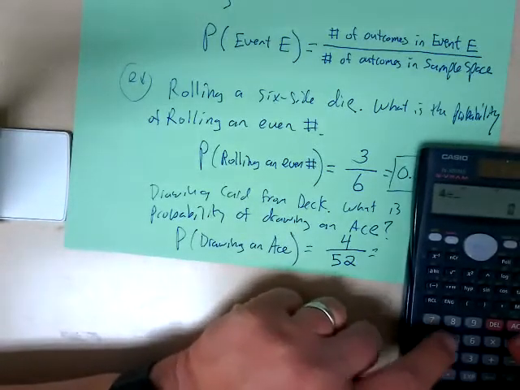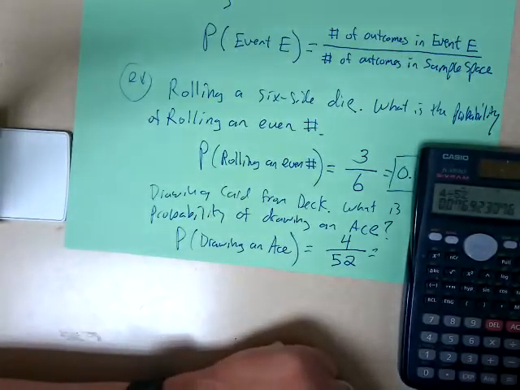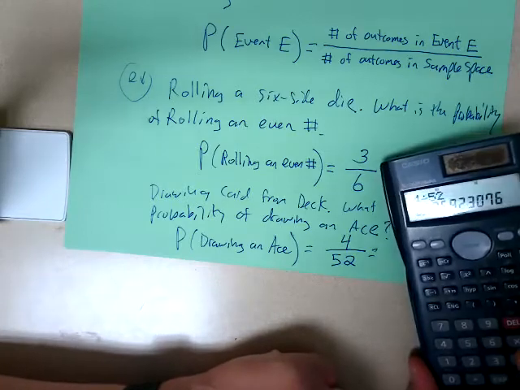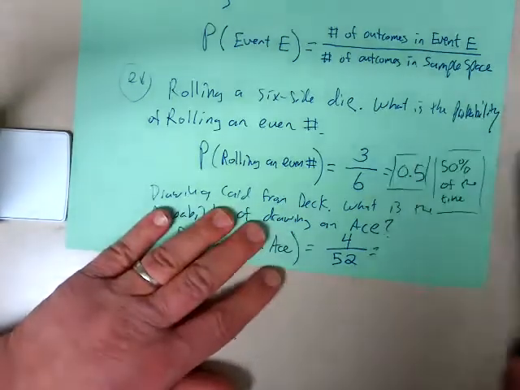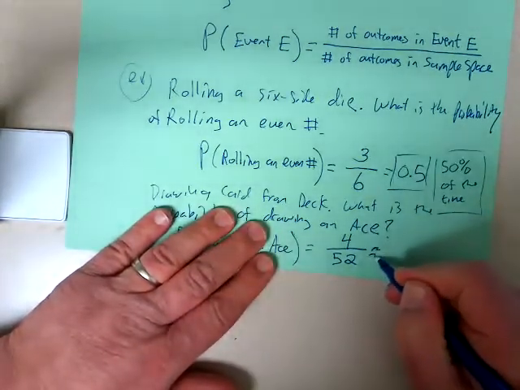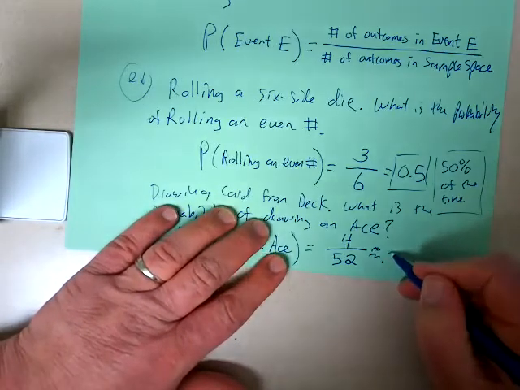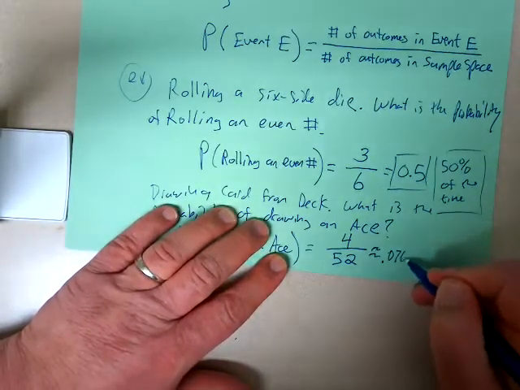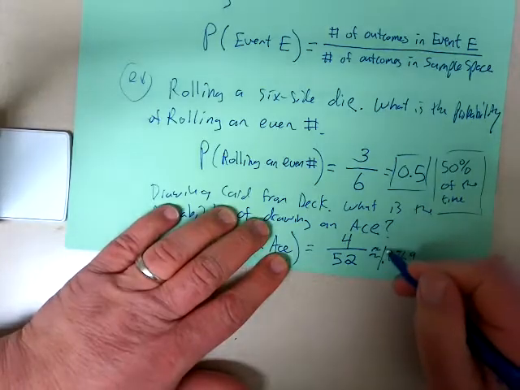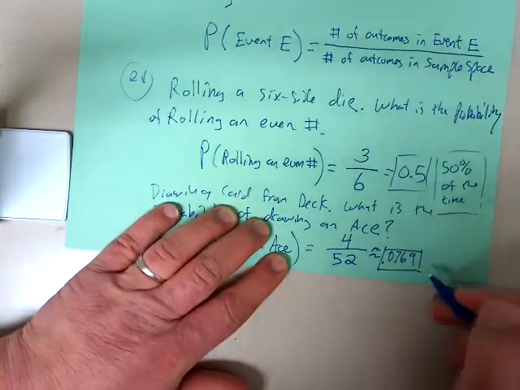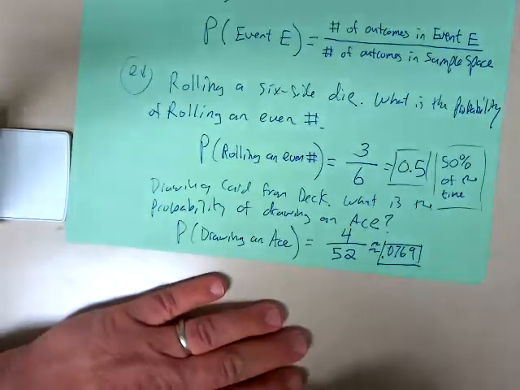I can do 4 divided by 52. And I get like 0.0769. So I'm going to have to round. And maybe I'll round to 4 decimal places. 0.0769. Oftentimes I round my probabilities to 4 decimal places.